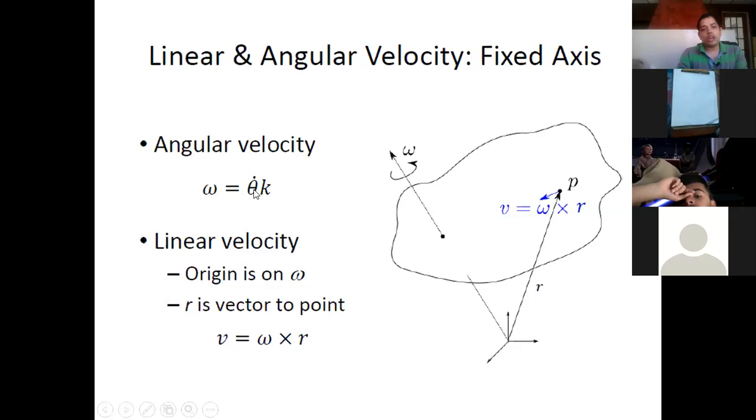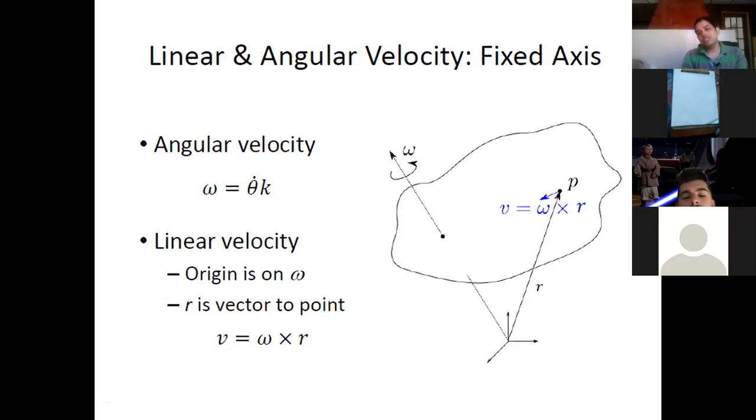Theta dot is d theta by dt, right? So change in angular displacement with respect to time, or rate of change of angular displacement, is the angular velocity. If you want to show the direction, then the direction is k. This direction is k, as in like the Z.